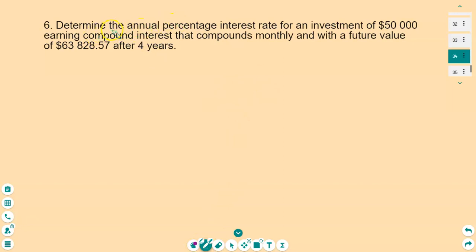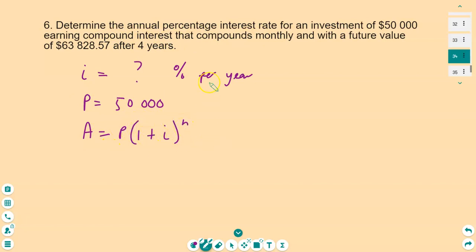Last question. Determine the annual percentage interest rate. So that's the question. We need percent per year. For an investment of $50,000, that is the initial value invested, the principal. Earning compound interest. I know that I have a formula for that. Write it straight down.